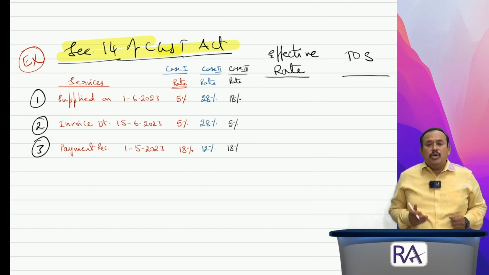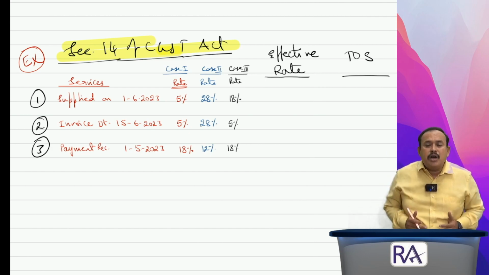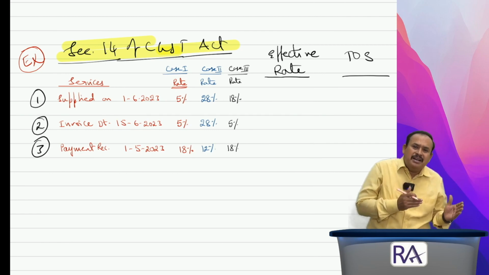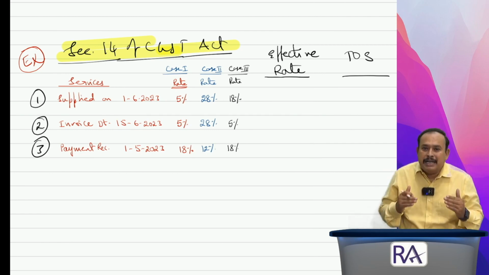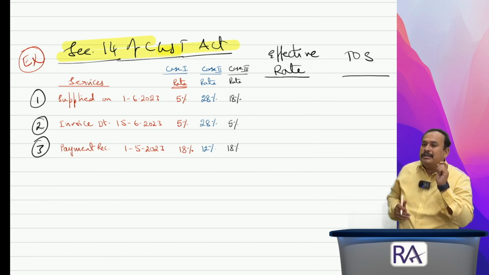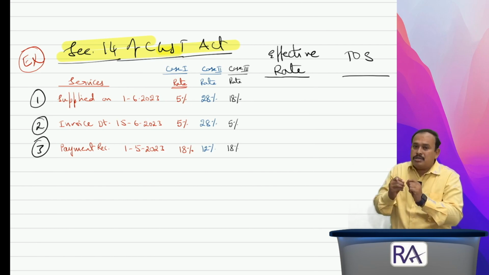Now, who cast the vote to whom? Date of completion of supply of service. When old rate was there or new rate is there? Date of completion of service, new rate. So, date of completion of supply of service voter casted the vote to whom?